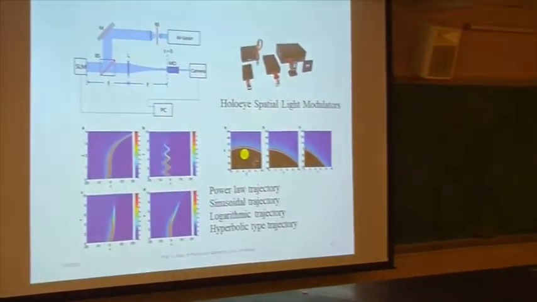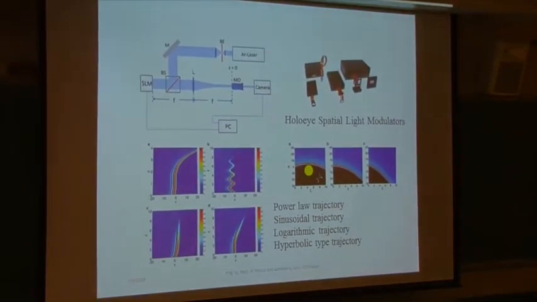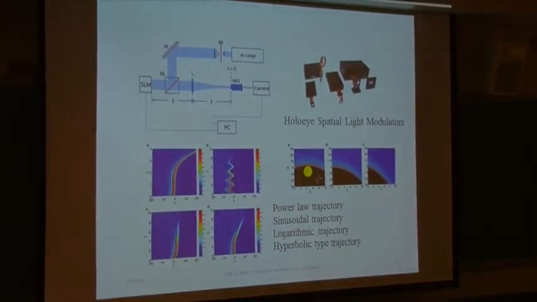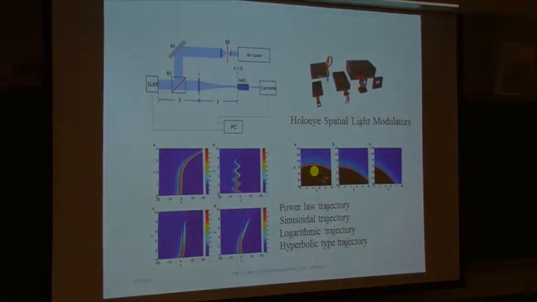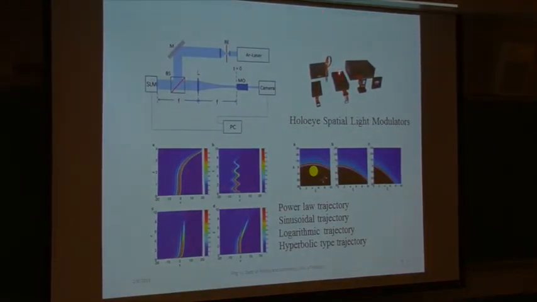Experimentally, you can achieve an Airy beam by using a device called a spatial light modulator. This is the commercial product, the SLM. If you put the SLM in the back focal plane of the lens, you will be able to get an Airy beam.